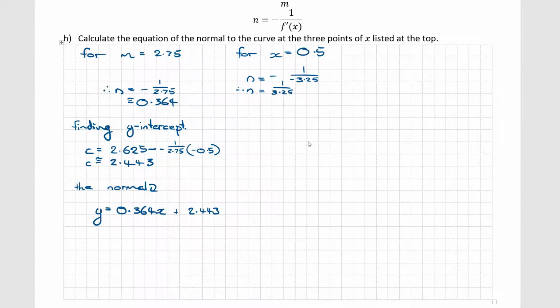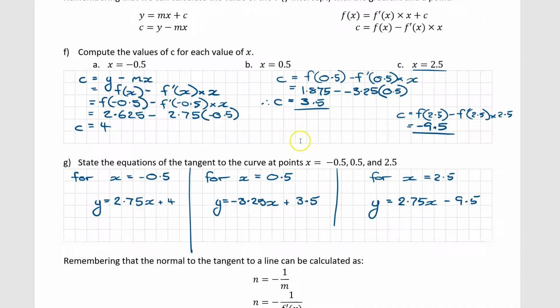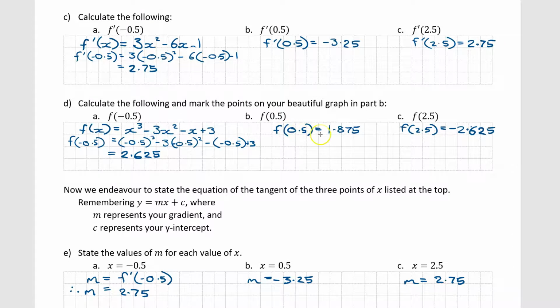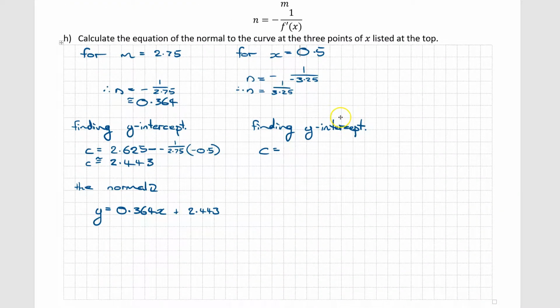Now finding the y-intercept. We're going to get c equals, and we have to look for the value of f of x at that location, and it is 1.875. 1.875 minus 1 over 3.25 times 0.5.